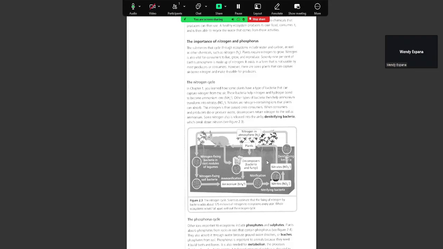They're in the roots of legumes. What's a legume? A legume is like a bean. A bean's an example of a legume. Could be chickpeas, lentils, those types of things. Peas, soybeans, peanuts, those are legumes.